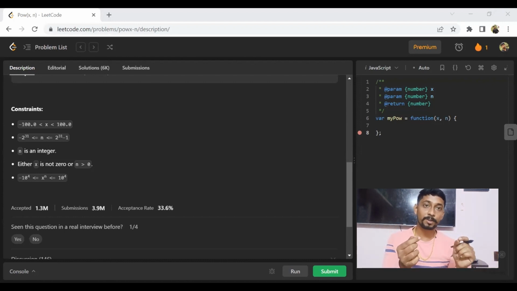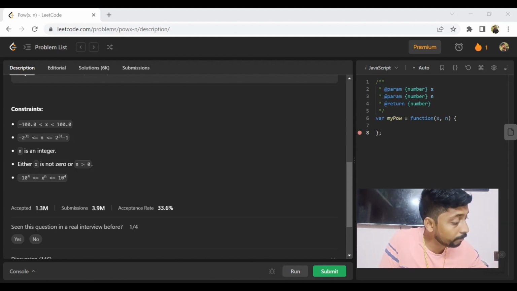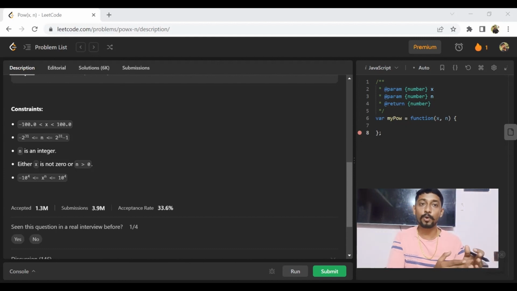So there is one formula, guys. If n is a positive number, you have to figure out x to the power of n. If n is a negative number, then you have to figure out 1 divided by x to the power of n. You know how to calculate x to the power of n: you multiply x n times. So there are two possibilities: n could be a positive number, or n could be a negative number.